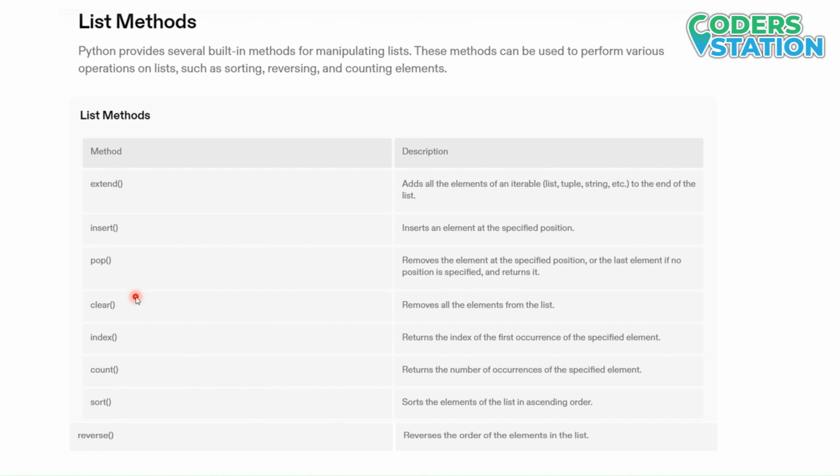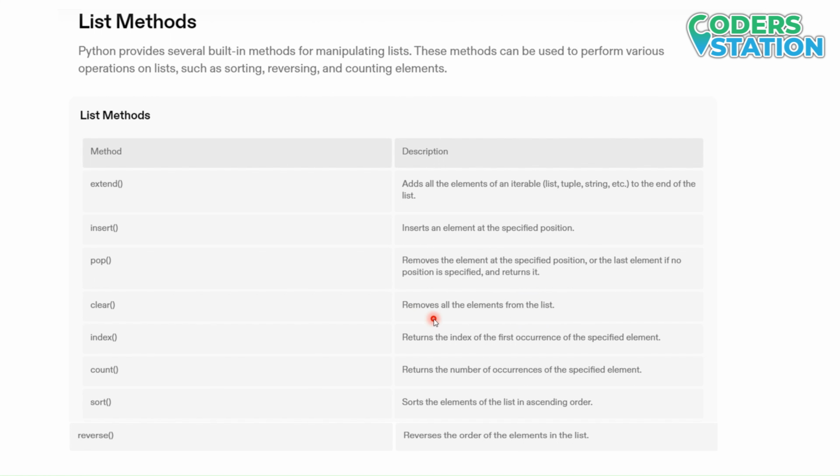So let us start with clearing. We will see the explanation of these methods first, then one by one I will give you examples of these methods. First is the clear method. It is used to remove all the elements from the list, keeping the list as it is.